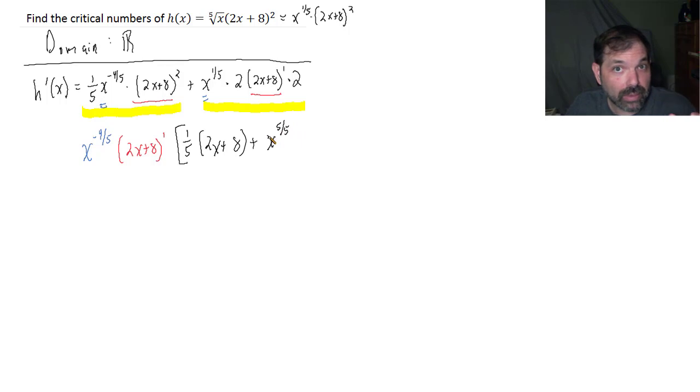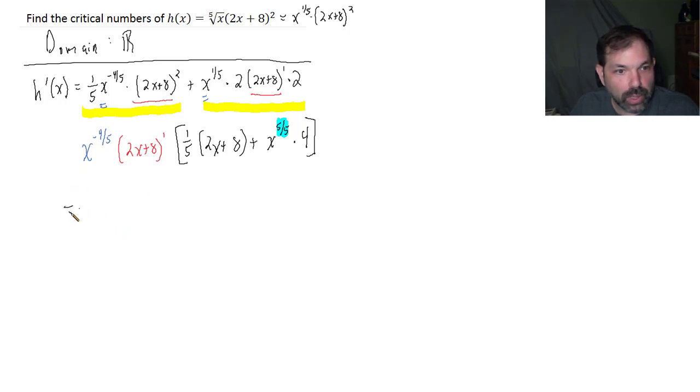But I'm writing it like that temporarily so you understand what's going on in the background. And what else is left? I have a 2 times 2, that's a 4, and I factored out the 2x plus 8. So here, remember what I just said. This x, that's x to the first power there.